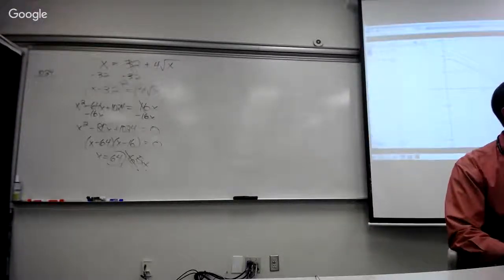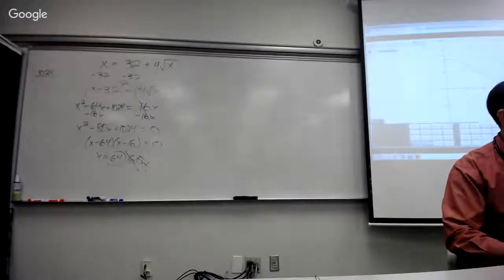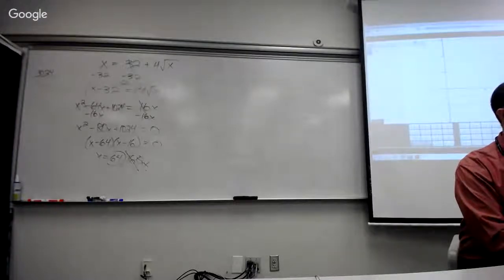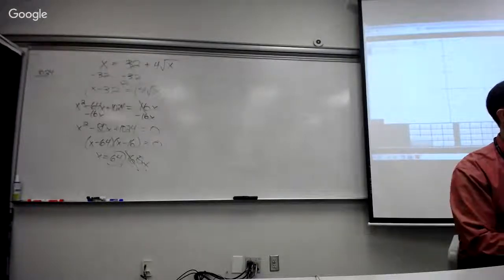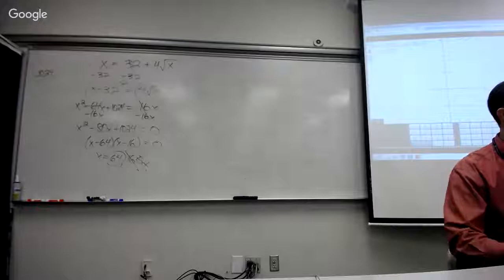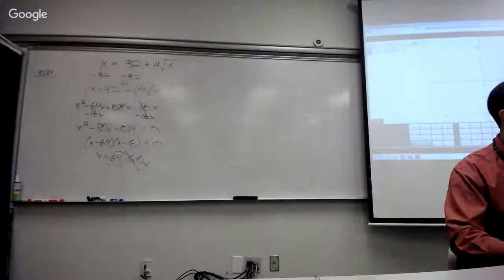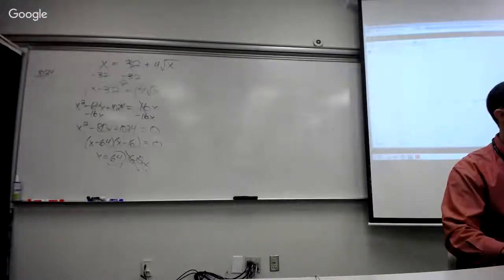Number 39 is going to be similar. Before we do it, let's go ahead and graph it, see what it looks like. 128x equals the square root of 1 minus 192x.